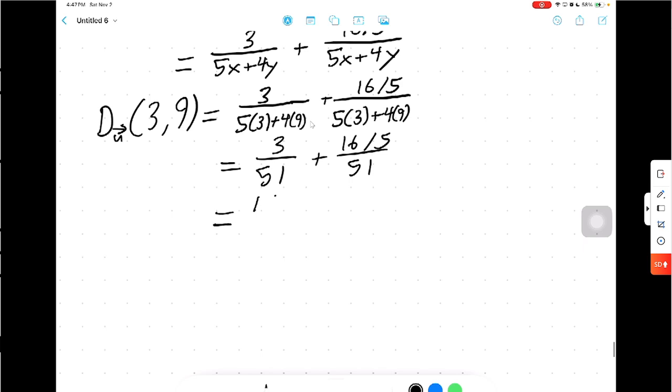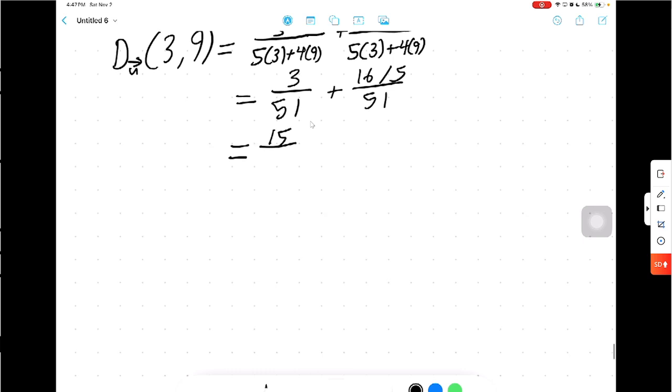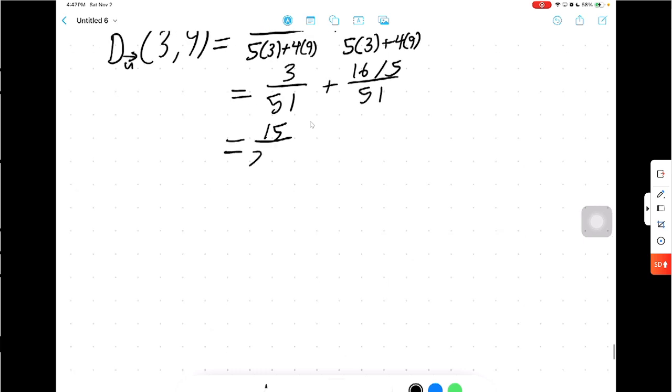I'm just going to multiply everything by 5 on the top. So 15 over 255 plus 16 over 255, which is going to be 31 over 255.